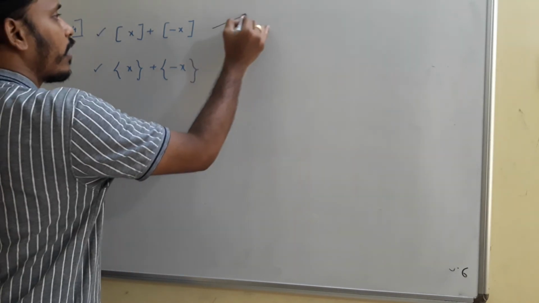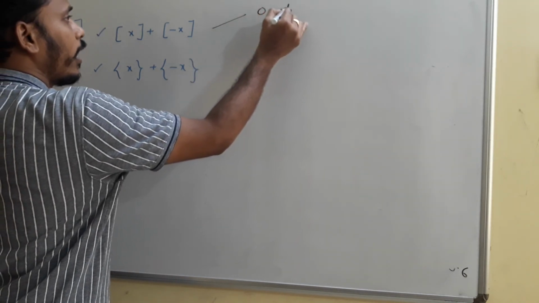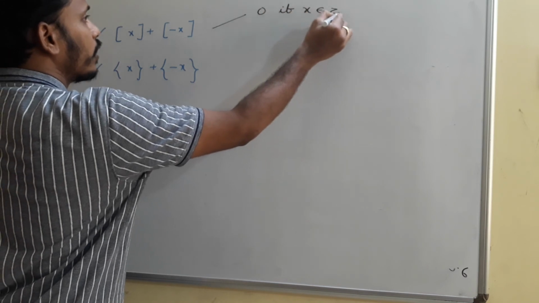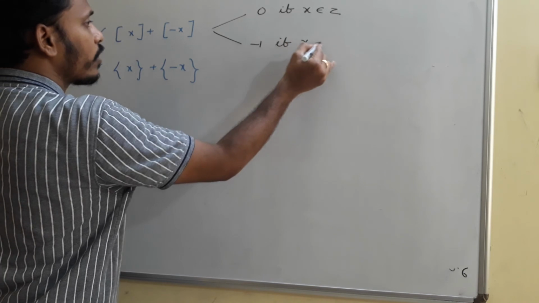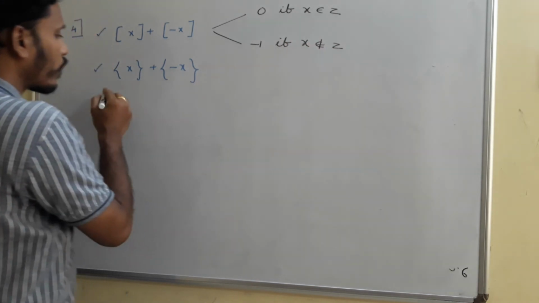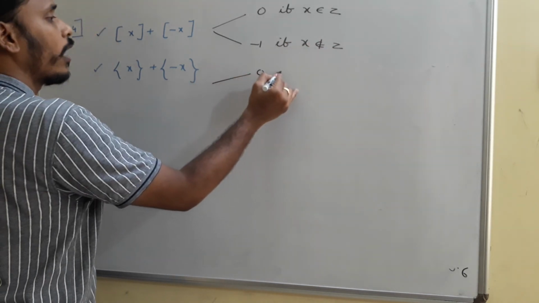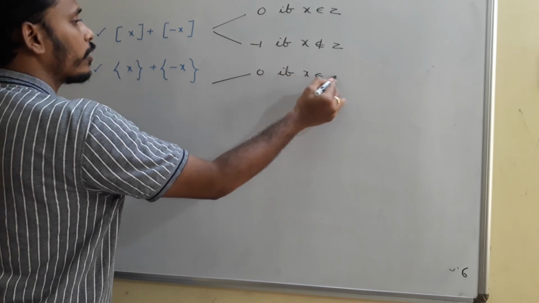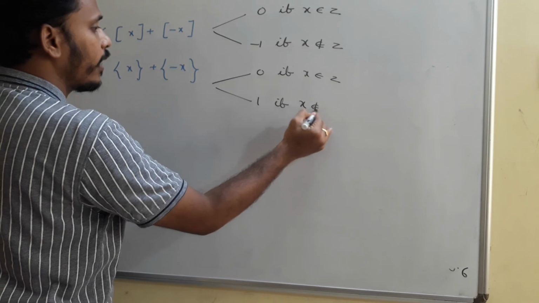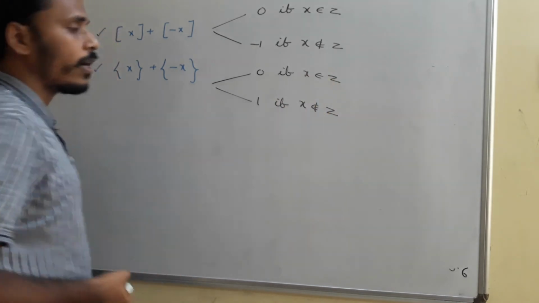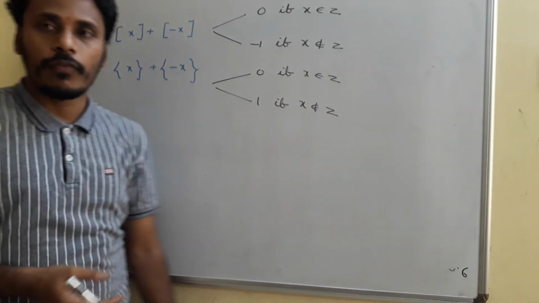In the first case, its value is 0 if x is an integer. In the second case, its value is minus 1 if x is not an integer. Whereas for the next one, it is 0 if x is an integer and its value is 1 if x is not an integer. Okay, we just concluded using different examples in the place of x.